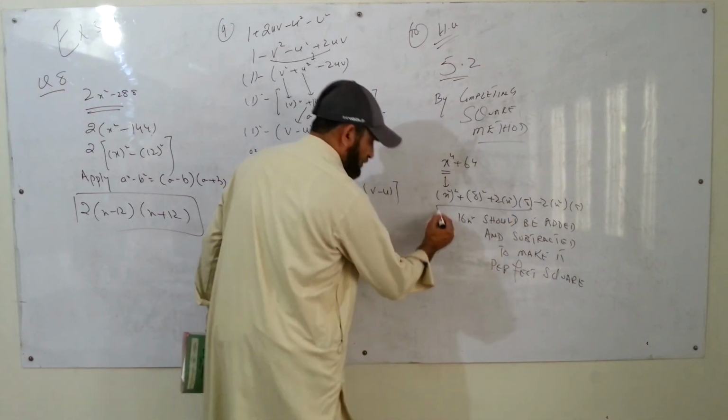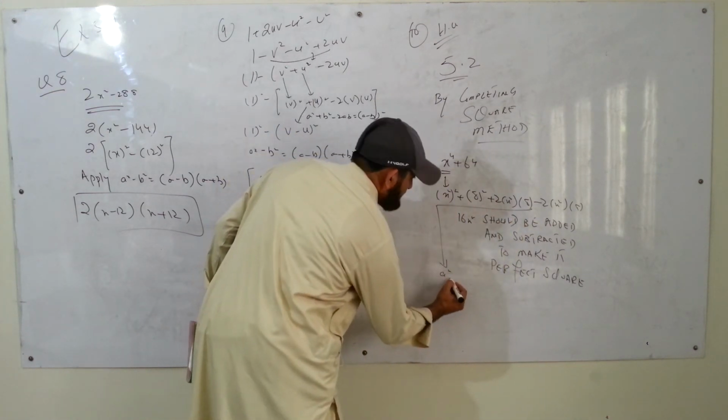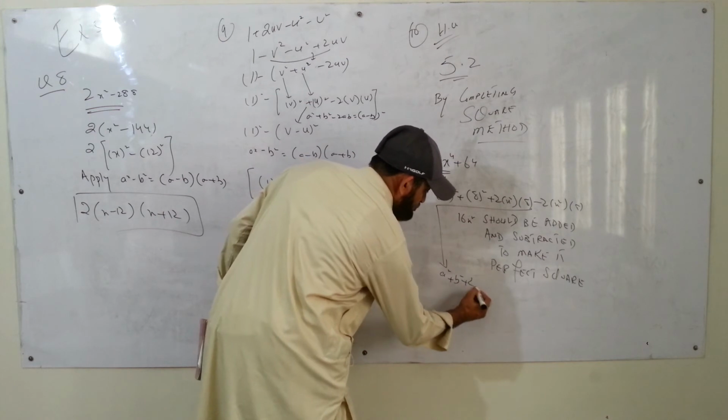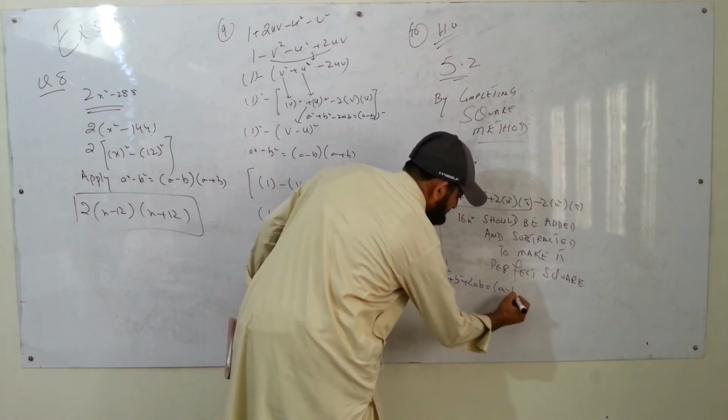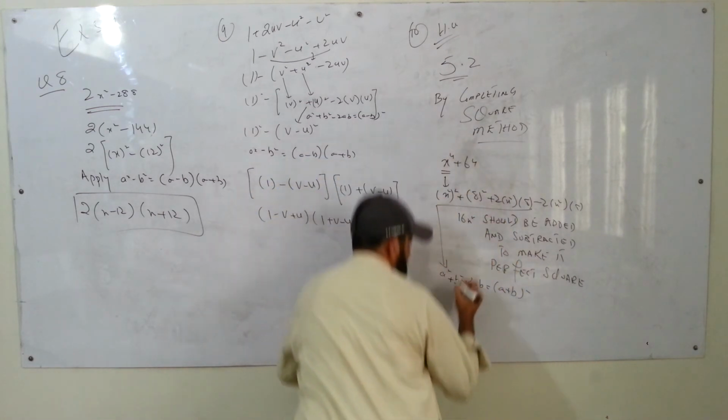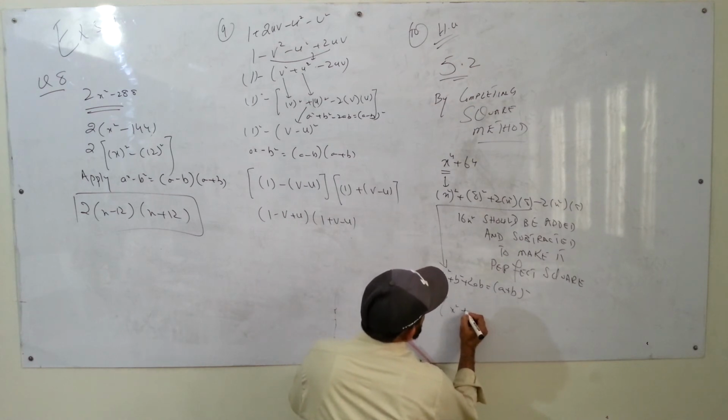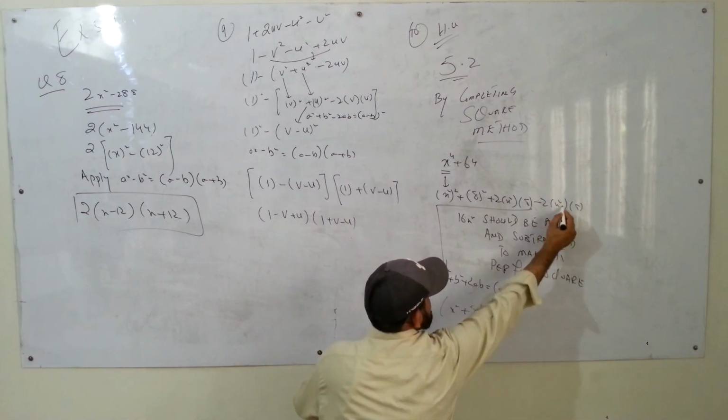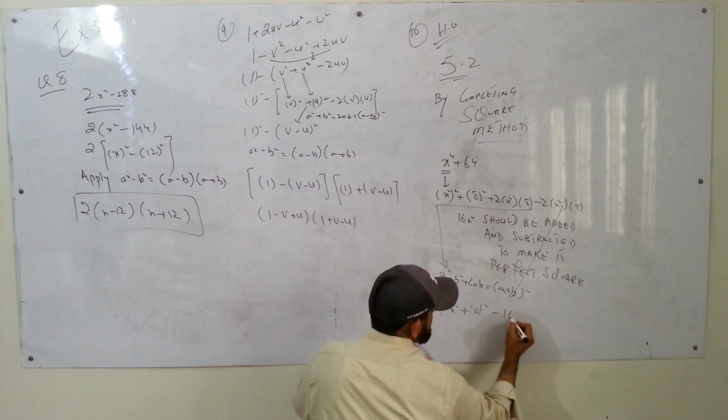It means your formula a square plus b square plus 2ab equals a plus b whole square. It will be a plus b whole square minus 16x square.